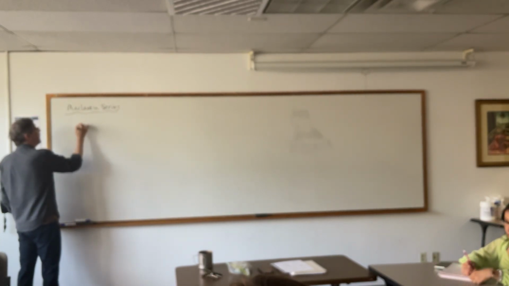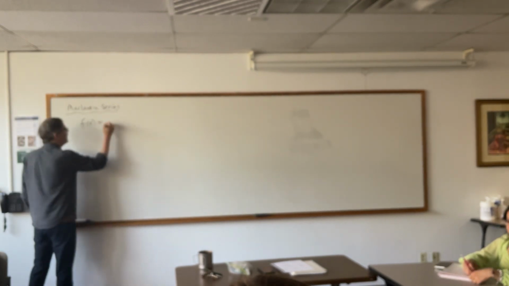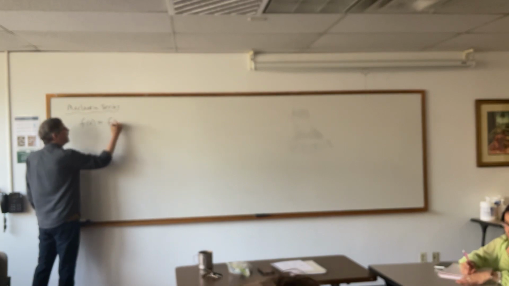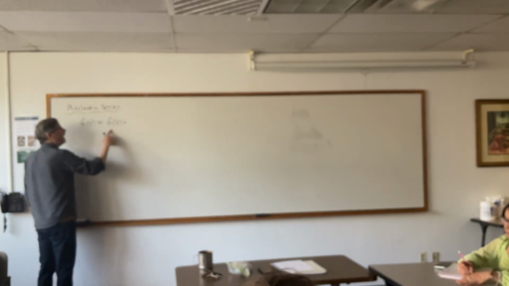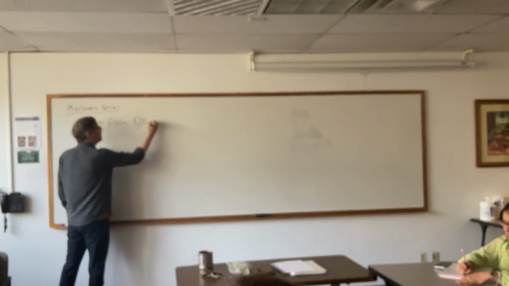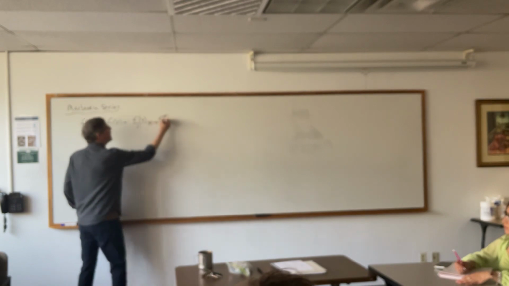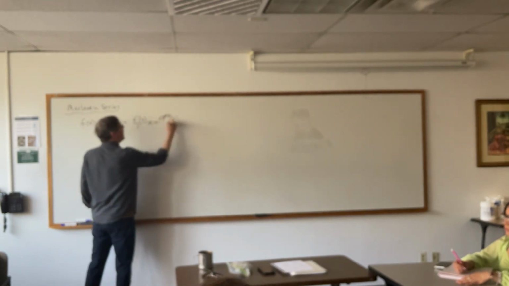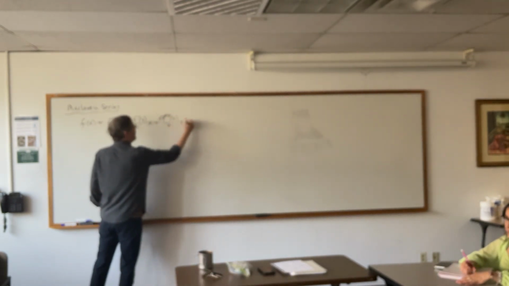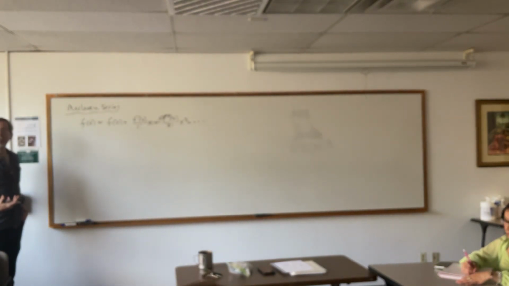The Maclaurin series says that I can take a function f of x, and provided it's nice enough, I can write it in terms of its values at 0 in the following way. So I get to express the function as an infinite polynomial, as a power series.